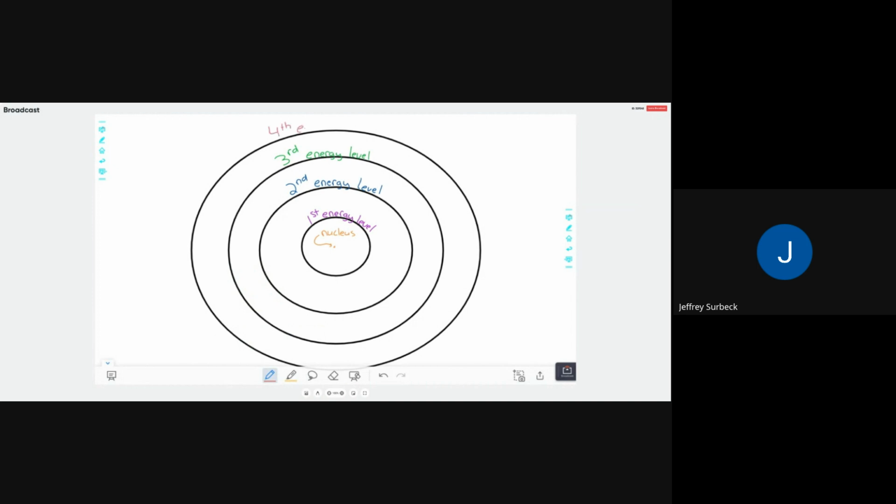And I want to take the time to point out at this specific point that in this model here, we are only showing 4 possible energy levels present, okay? There can be many more, all right?